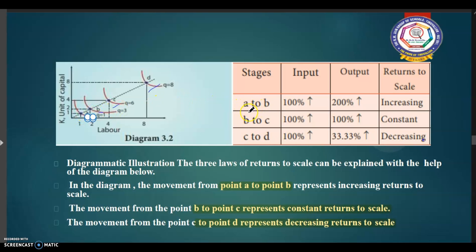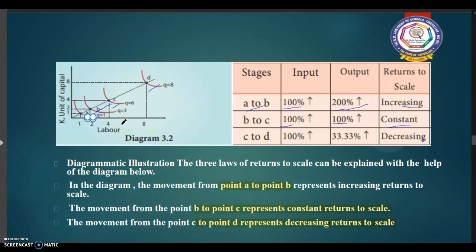So here also you can see, A to B means the input is 100%, but the output is doubled, that is more than 100%. So it has become 200%. So it is increasing. Now in the next stage, the law of constant returns to scale, the movement from B to C, the input is 100% and output is also 100%, exactly the same percentage increase.